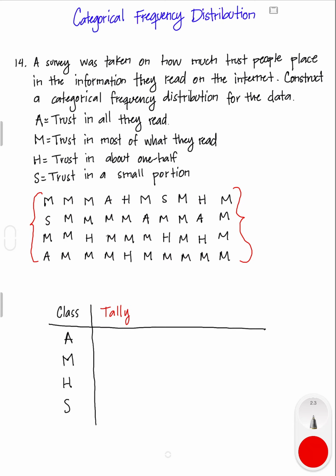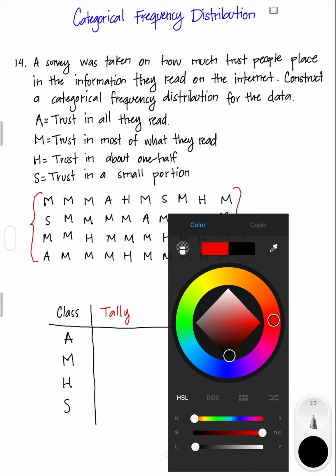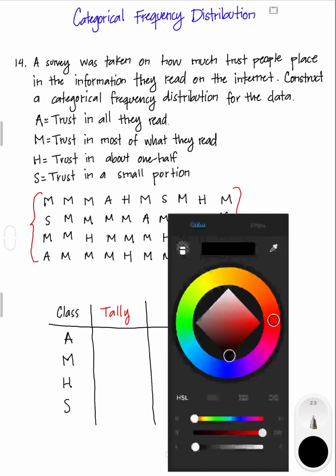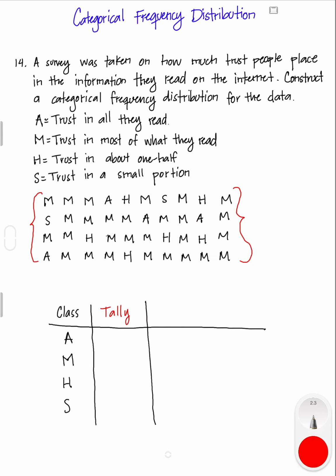Now, what does tally mean? Well, we're just marking how many times we find each of the different groups, right? Each of the different classes. So, for instance, I'm going to start counting based on the data that is given to me.